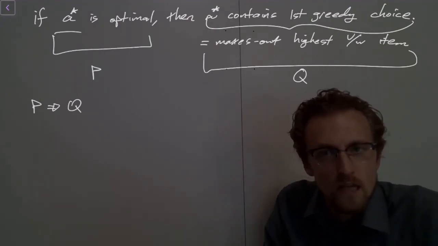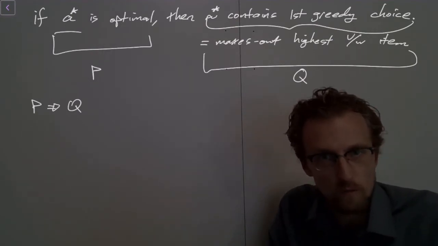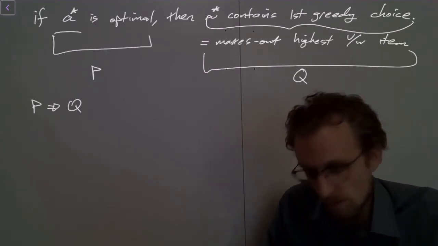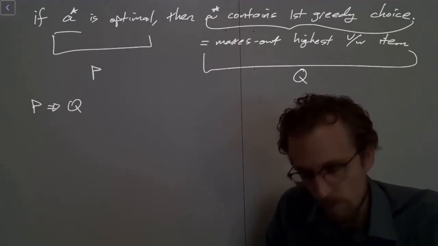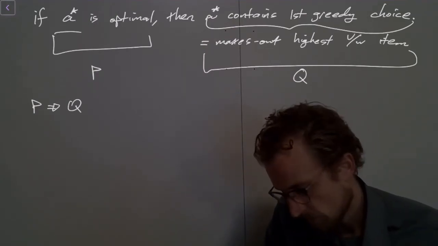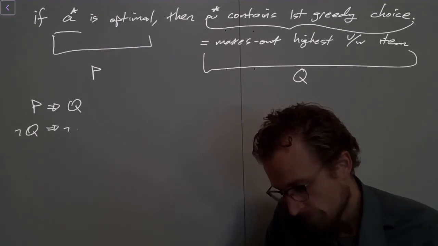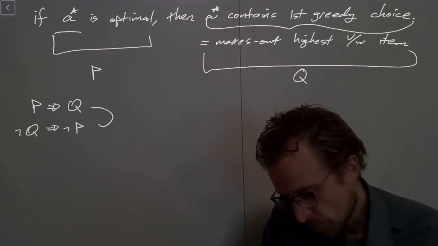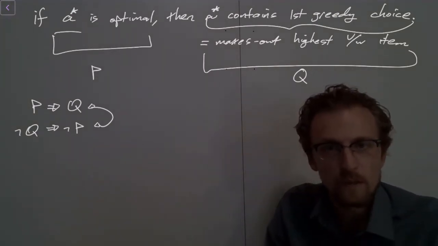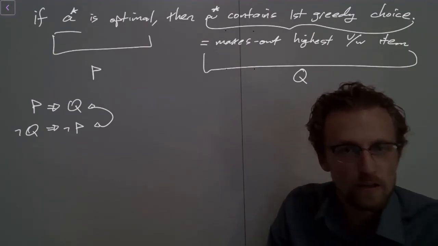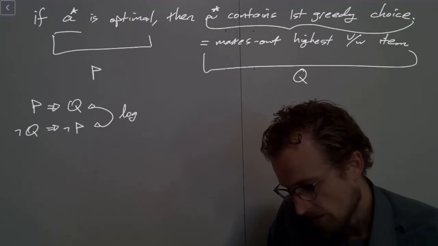The contrapositive is the statement where we reverse the order of the propositions, or reverse the causality, and then we negate them. So the contrapositive says not Q implies not P. And we know by the rules of propositional logic that these two have the same truth value. If P implies Q, then so does not Q imply not P. So these are logically equivalent.